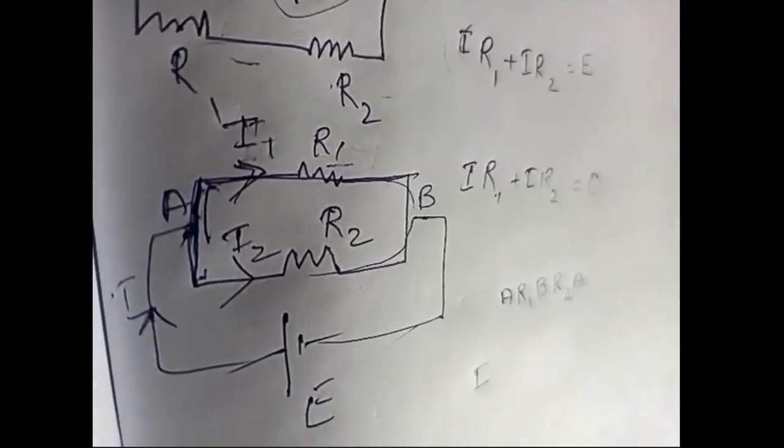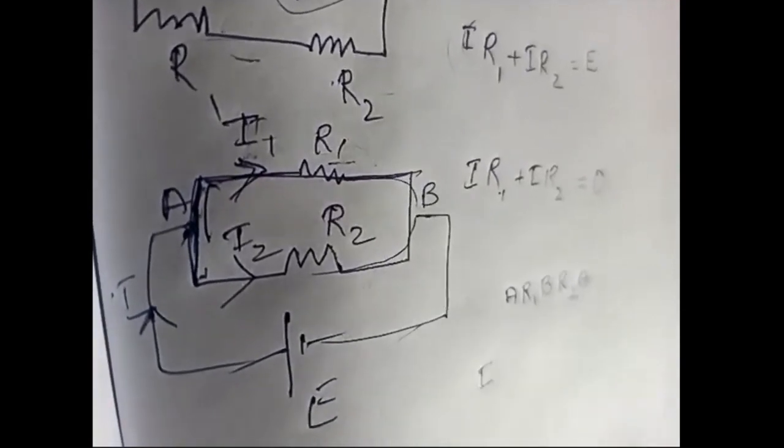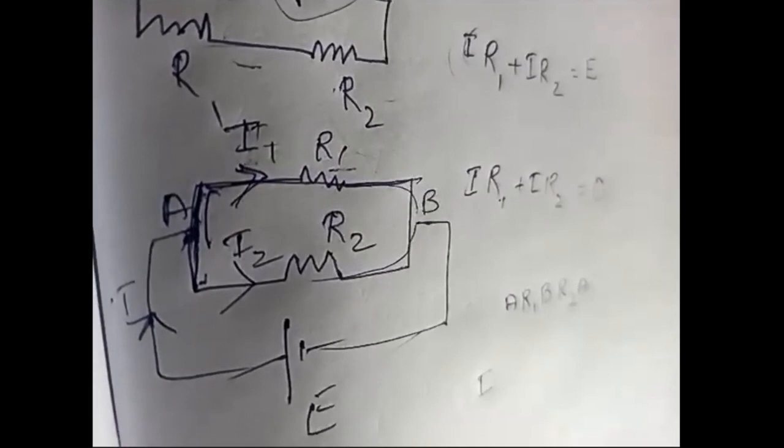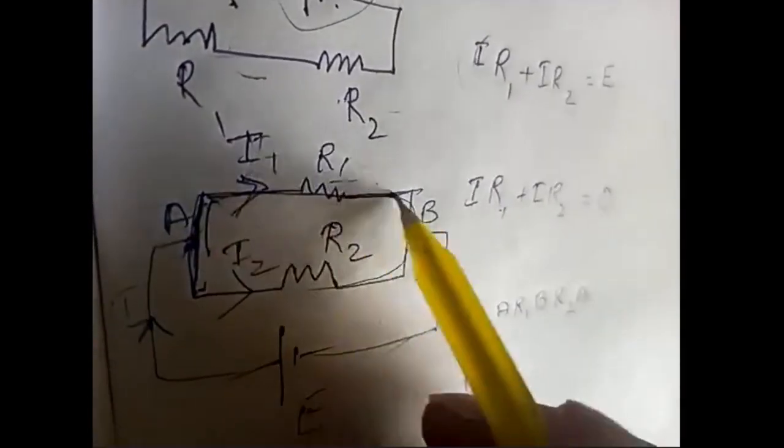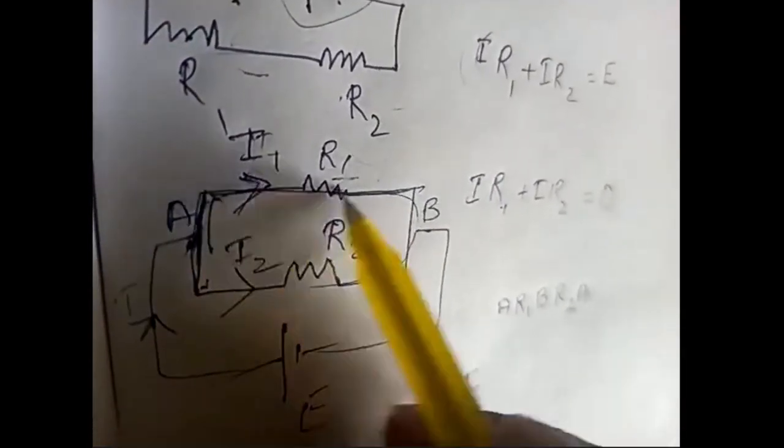So I1 is positive because it is going along with the loop. But on this branch, our loop is going from right to left, while the current I2 is going from left to right. So we will take I2 as negative. That is the only thing you have to keep in mind.